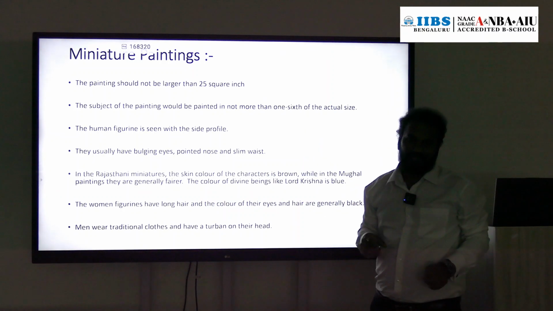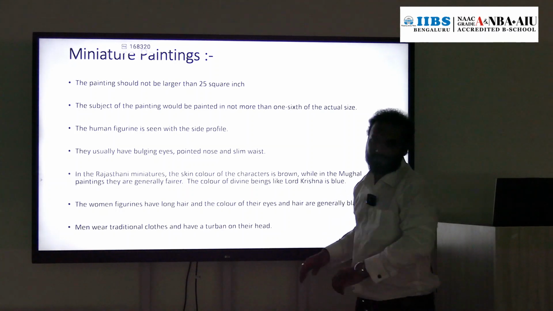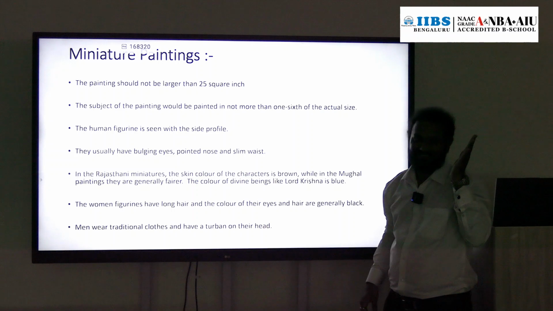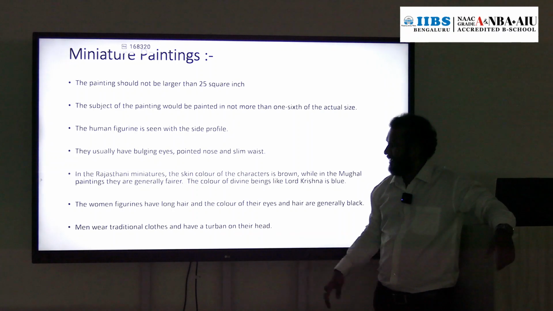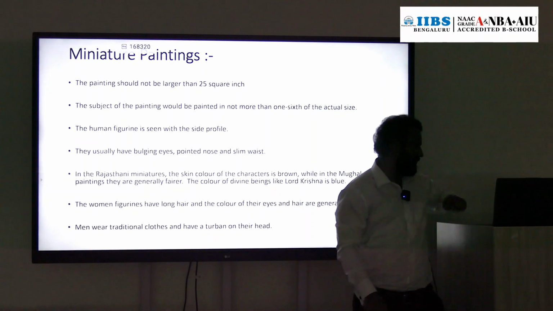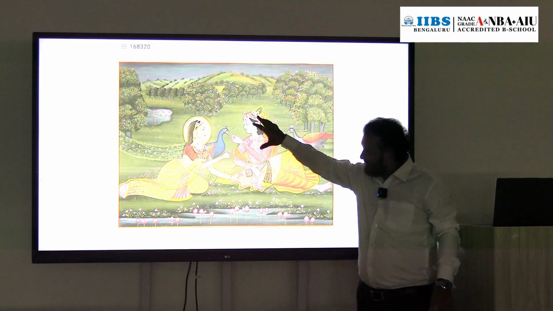And human figures are seen in a side profile, rather than front view, with one eye visible. And the eyes are bulging. I'll show you. See, check the eyes. This is a miniature painting.